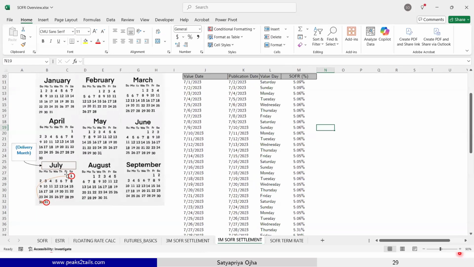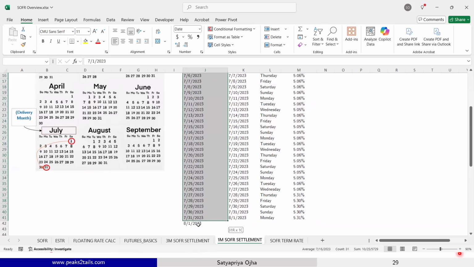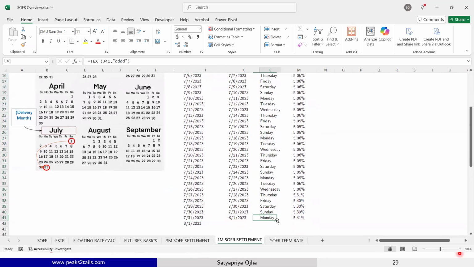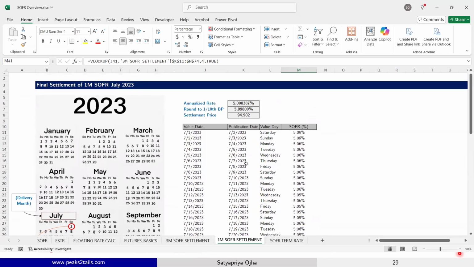So let's look at a July 1-month future. It spans from 1st July to 31st July, and these are the dates. When you have the SOFR daily rate published for all these dates, what you need to do is simply calculate the arithmetic average. But here is the catch: for holidays or weekends, there are no rates.